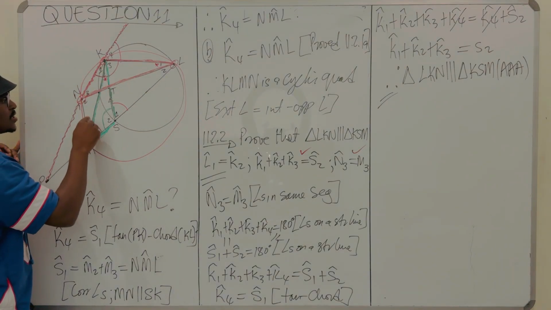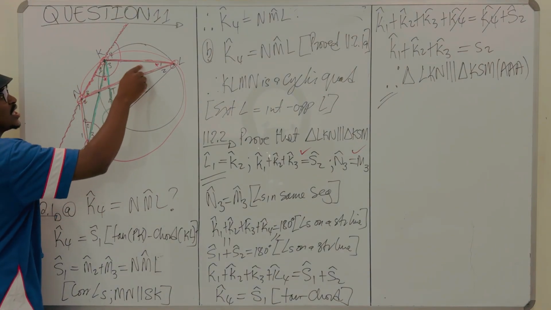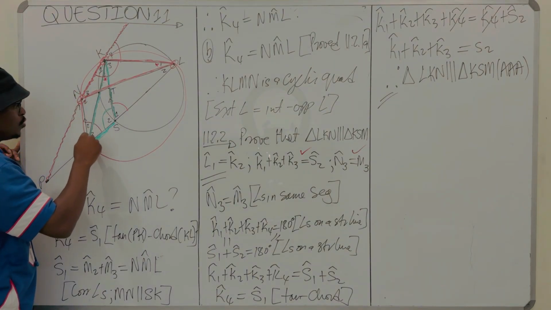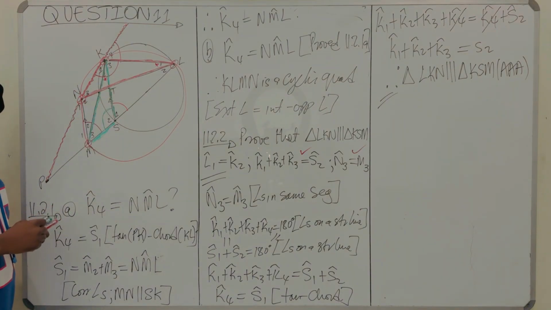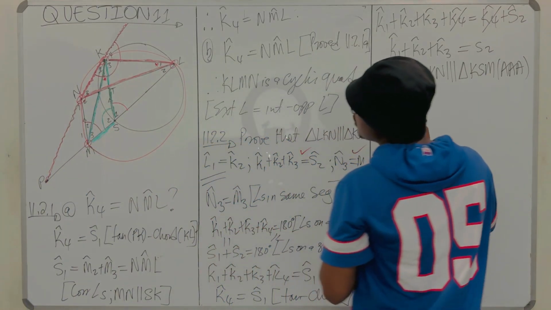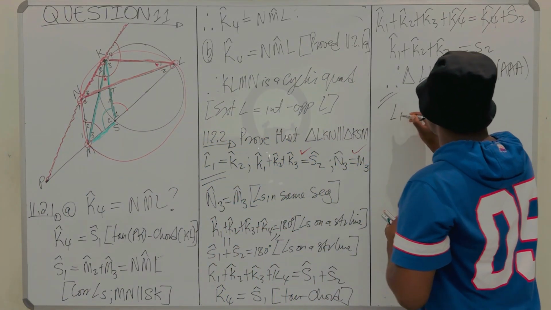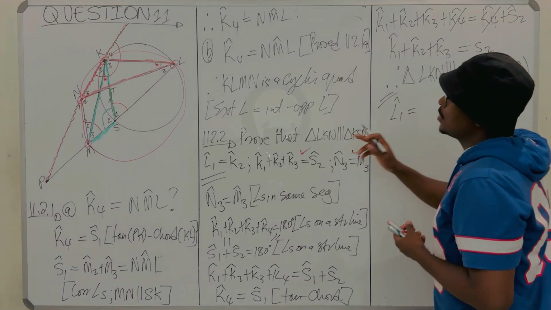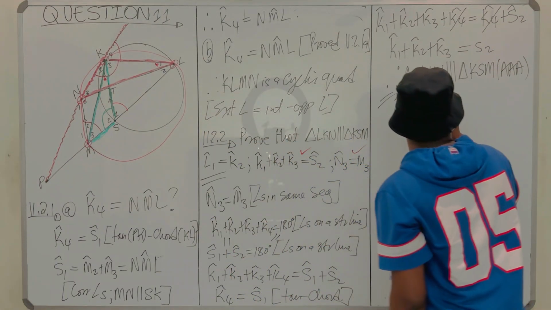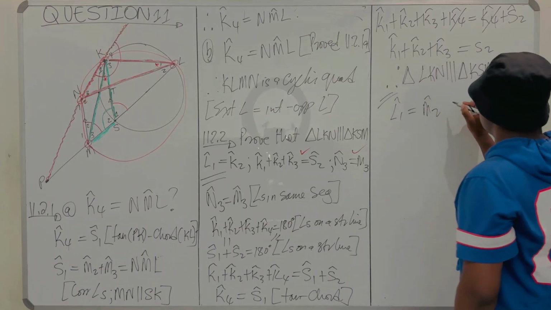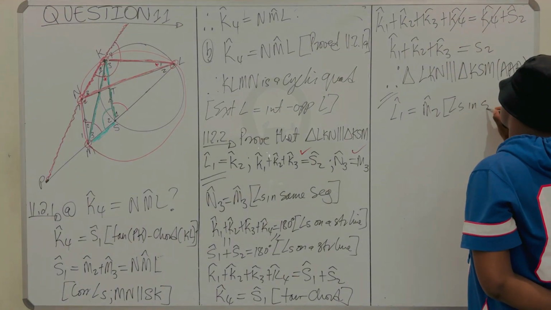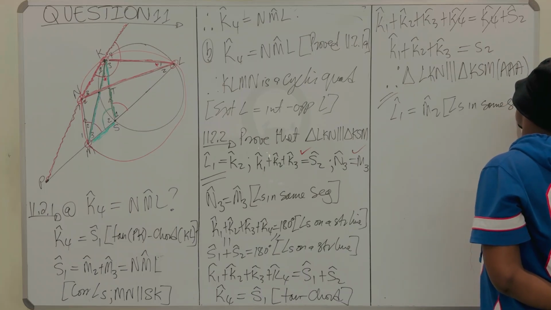So these two angles are equal because these are angles in the same segment, right? And this one here is also equal to that because look, these are alternate angles on parallel lines. So we can say L1, that angle over there, is equal to the angle M2 over there. The reason we're saying this is that these are angles in the same segment, which means they are subtended by the same chord.